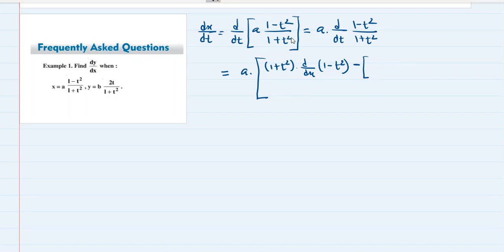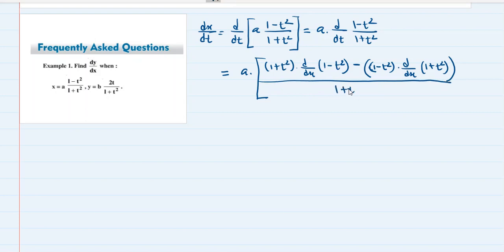Let me write it in a round bracket. Numerator, that is 1 minus t square, multiplied by d by dt of denominator, that is 1 plus t square, the whole upon square of the denominator, so 1 plus t square, the whole square.